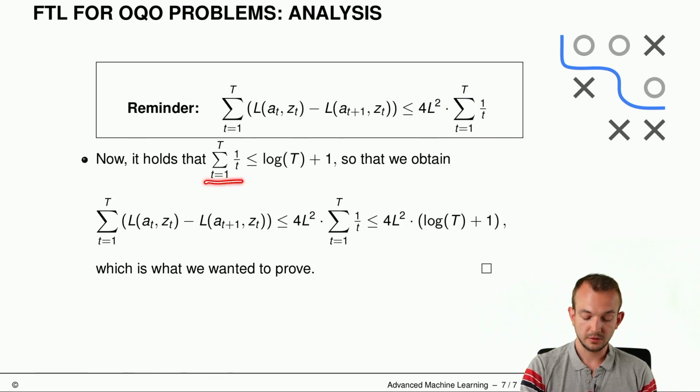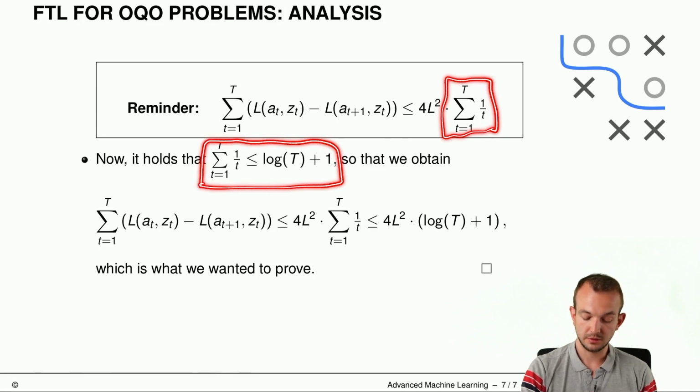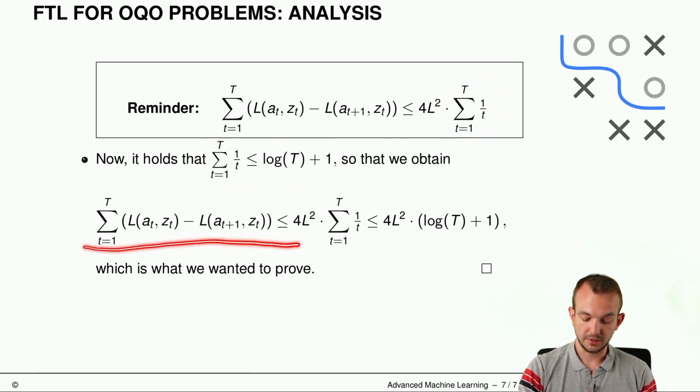And well, it is known that this is logarithmically growing with the time horizon, or with the summation index of the following kind. Yeah, so we also have to add a plus 1 for the very first instance, for the t equal 1 instance, more or less. And if we use this, we can apply it for our reduced term.